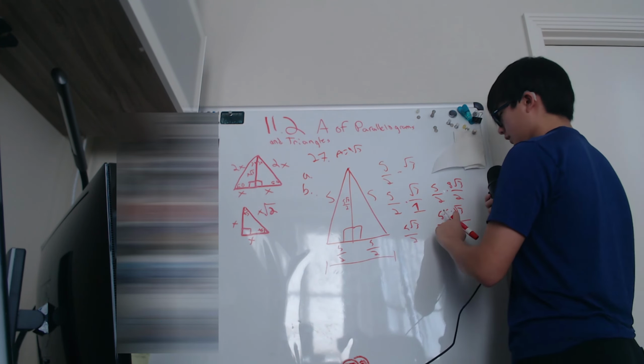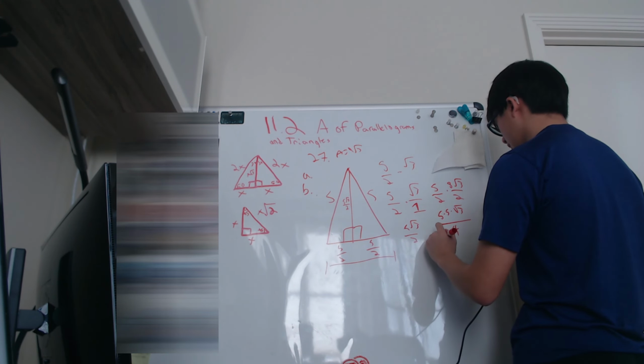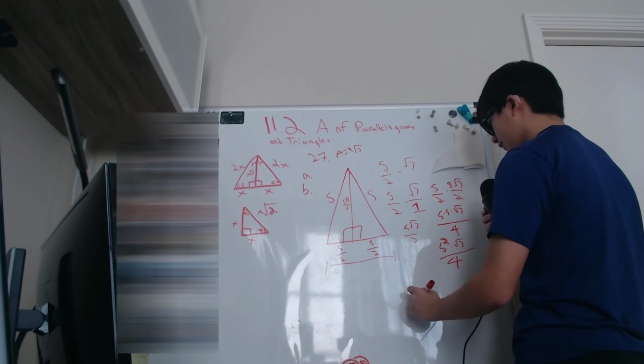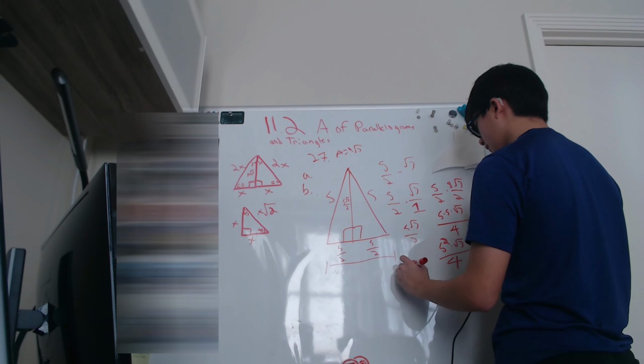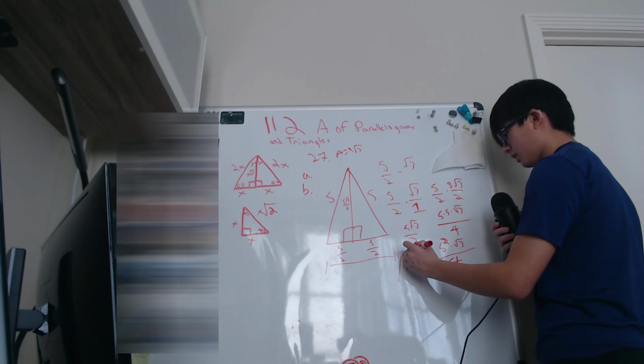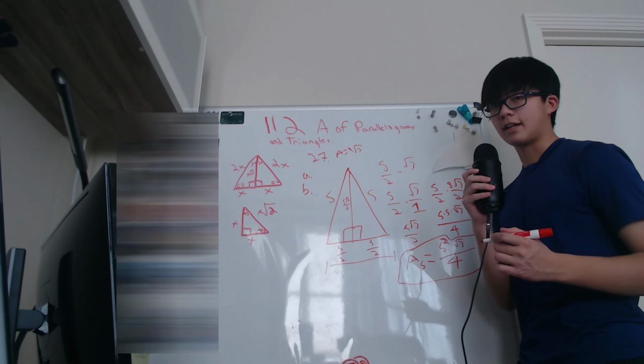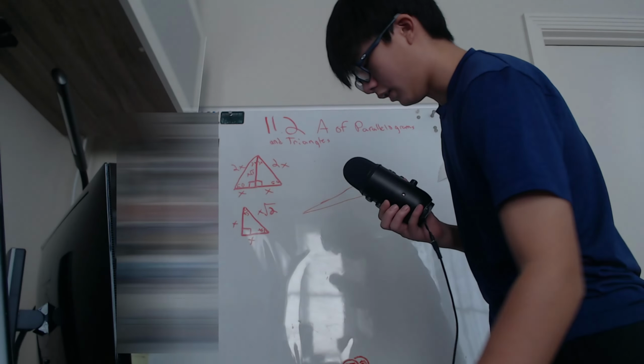This can be simplified again into s squared root 3 over 4. This is our answer. The area given the side length s will always be s squared root 3 over 4. That's the answer. All right.